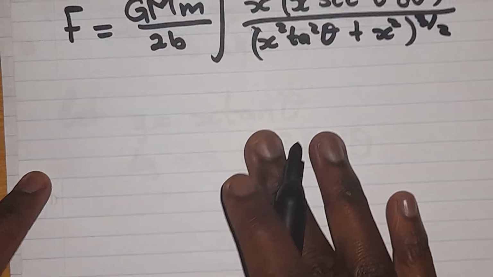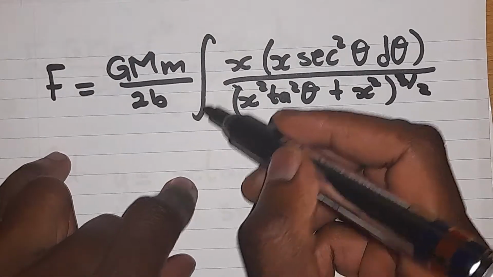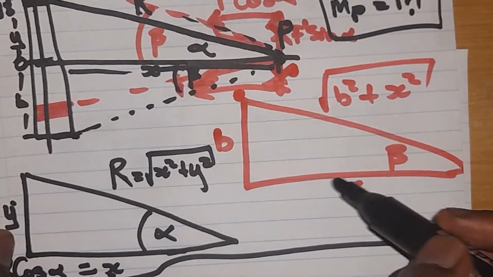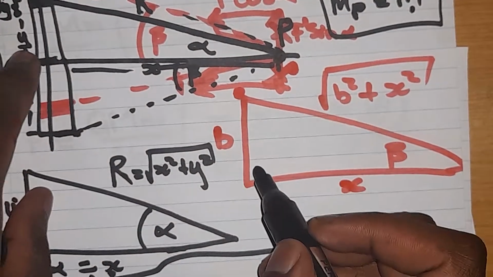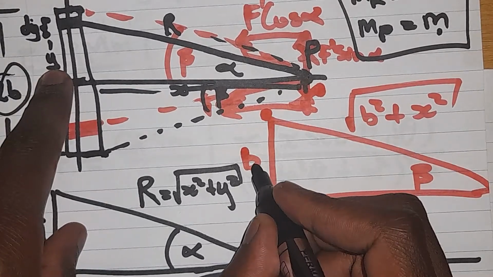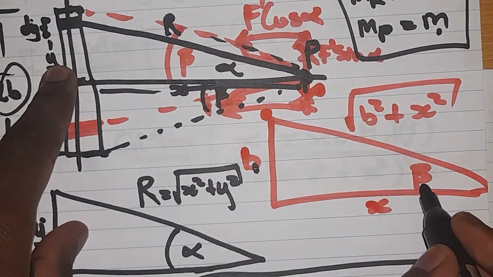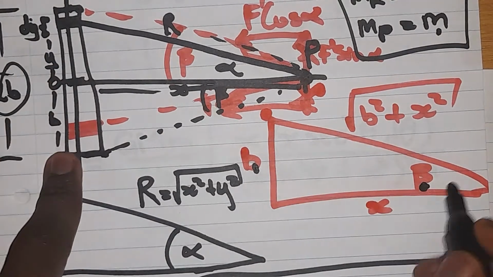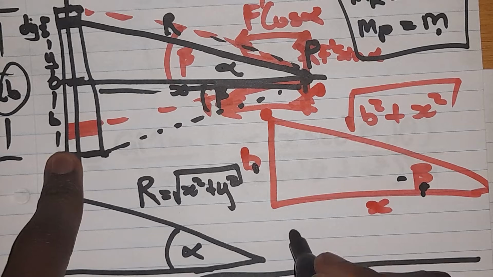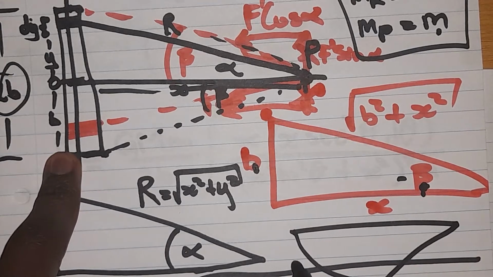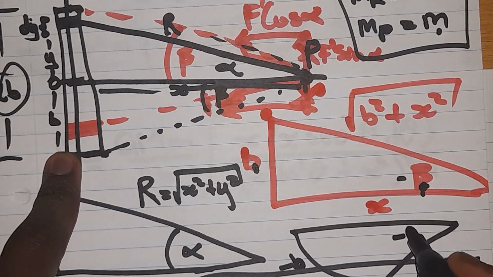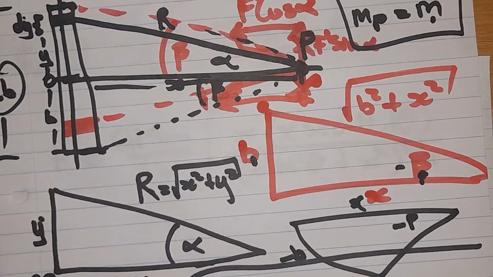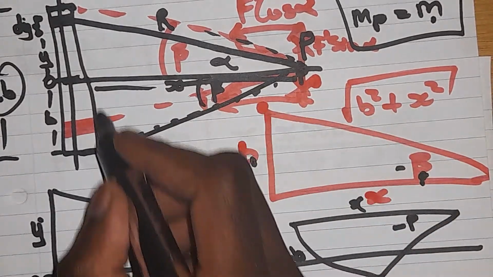Before we try to simplify this, we must find the limits of integration. If we check our diagram here, y will become b when our angle is beta, and y will become negative b when our angle is negative beta, meaning we have another triangle like that, with negative b and negative beta, and this will still be x, which is the same triangle as this one over here.